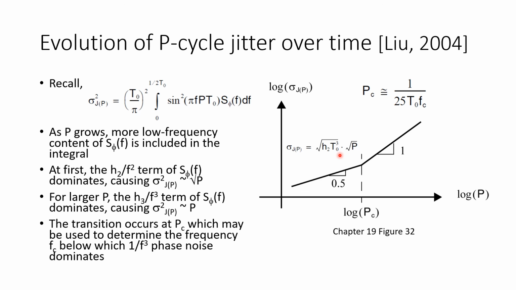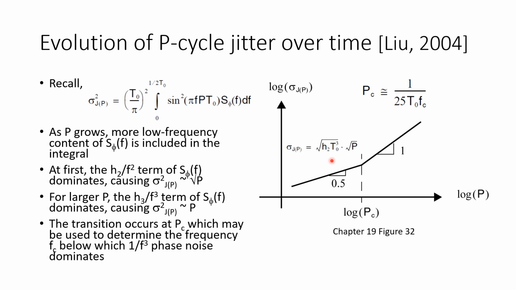And it does this so long as the filtered phase noises that are giving rise to the p-cycle jitter are concentrated, the jitter filter applied in that integral is concentrated in the portion of the phase noise spectrum that rolls off with 1 over f squared.